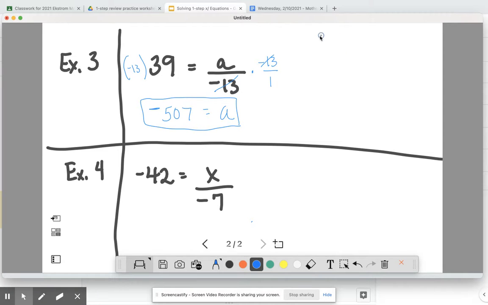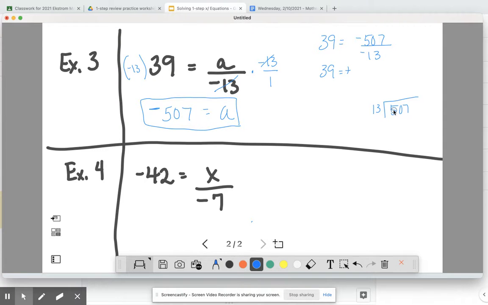If our solution is correct, then 39 is the same as negative 507 divided by negative 13. So let's check. We want it to equal 39. Negative divided by negative is a positive, so I'm going to write that so I don't forget, and I'm going to do the division out over here. 507 divided by 13.